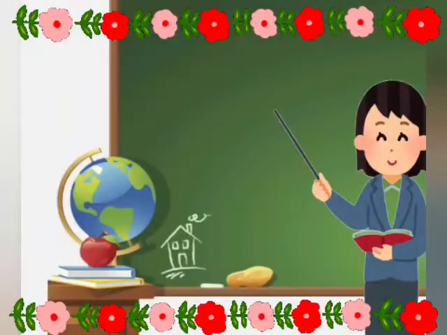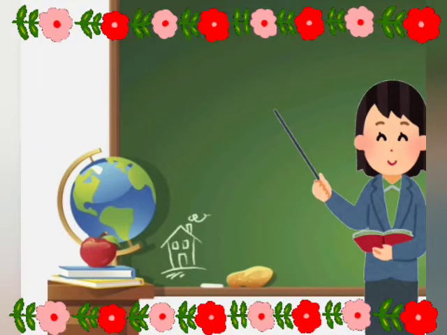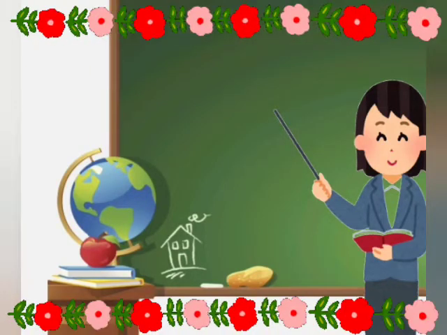So children, did you notice that the answer remains the same in both situations? So, if we want to add the same number again and again, then we can use multiplication to save our time.